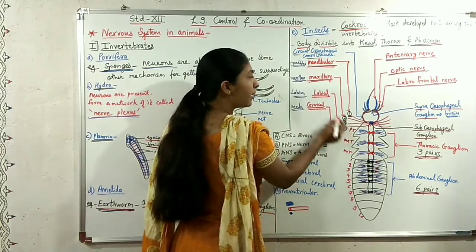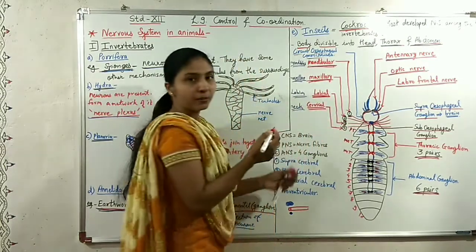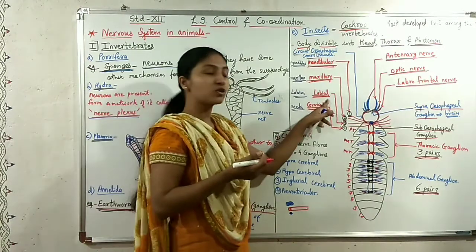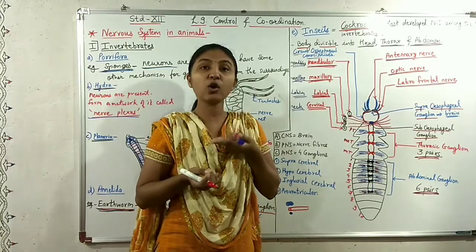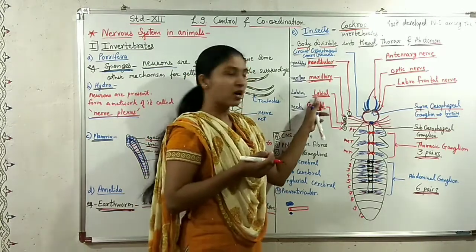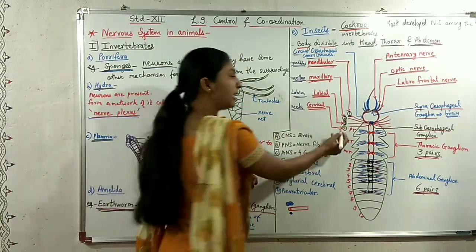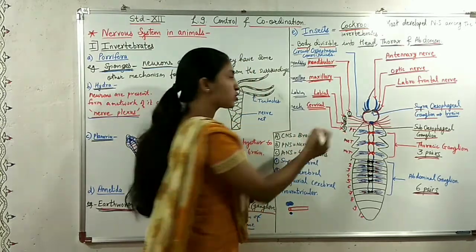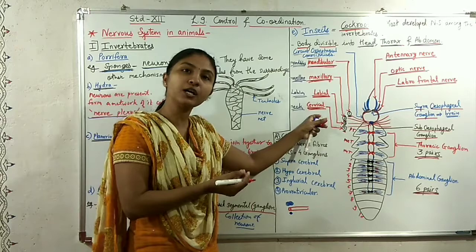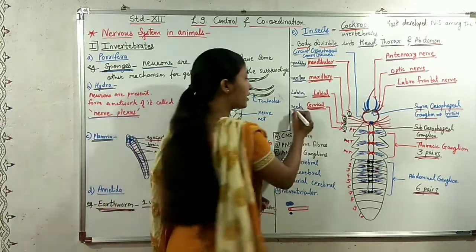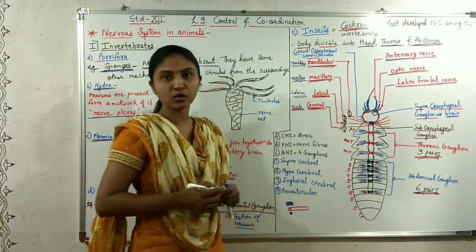The third pair goes to the labium, so it is called the labial nerve. It controls the movement of the lower lip, labium. And the fourth pair goes to the cervical region. That's why it is called the cervical nerve, and it controls the movement of the neck region in the cockroach.